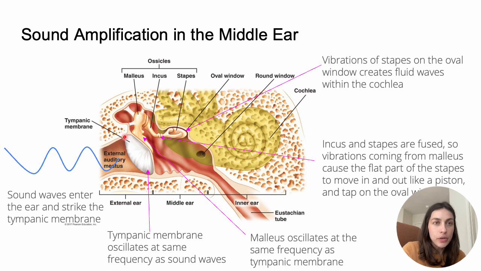Although the sound was collected into this large area, which is the tympanic membrane, all of that energy is now being passed onto a much smaller area, which means we're really collecting and amplifying the sound. It is now going to tap, tap, tap on the oval window that is behind this oval, stirrup part of the stapes.